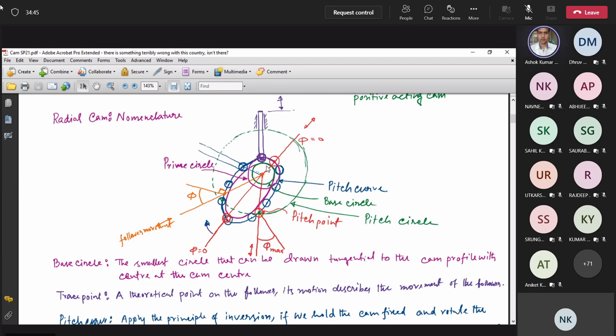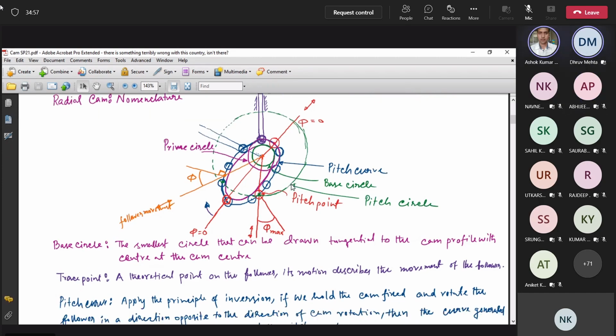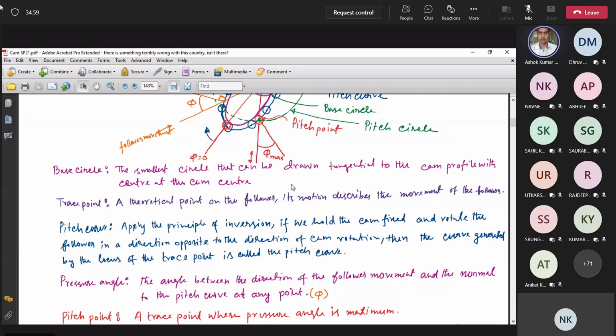Can you tell me how many maximum pressure angles you can get on this pitch curve? How many? Two. Okay, so you can get two maximum pressure angles.